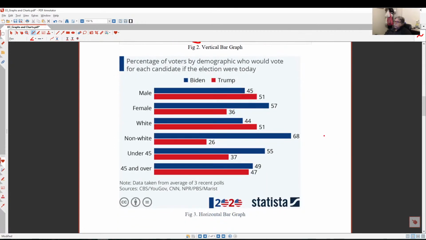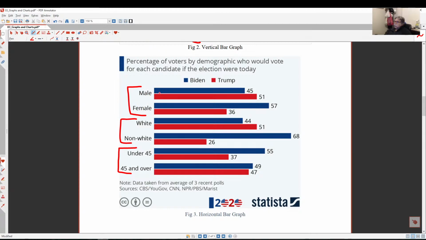Here's another graph of the recent election, the 2020 presidential election between Joe Biden and Donald Trump. You can see what we call key demographics, which would be gender, race, and age. And you can see again the distribution in the gender.